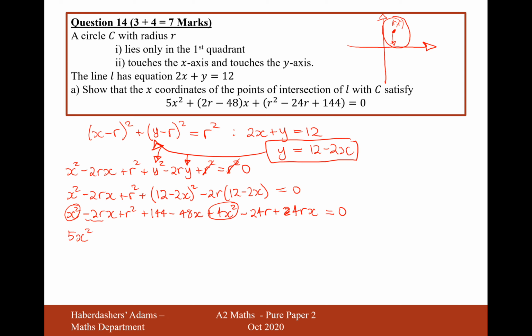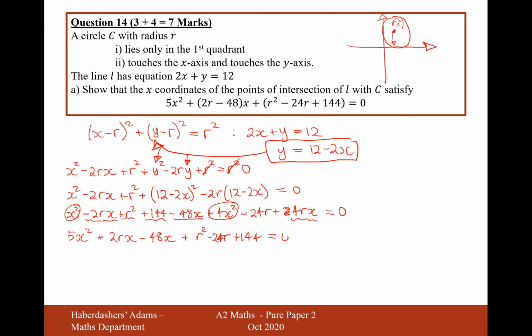It will be minus 2rx and 4rx, so that would be plus 2rx. We also have minus 48x. And then we have numbers on their own: r squared, 144, and minus 24r.